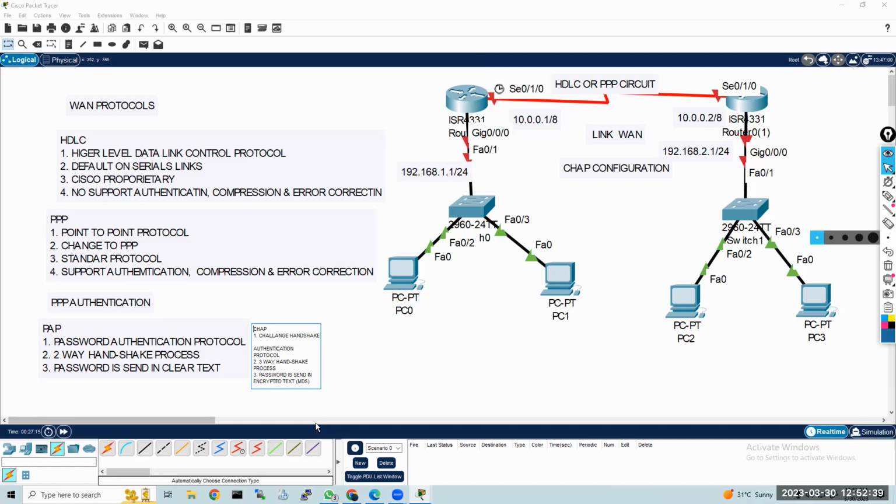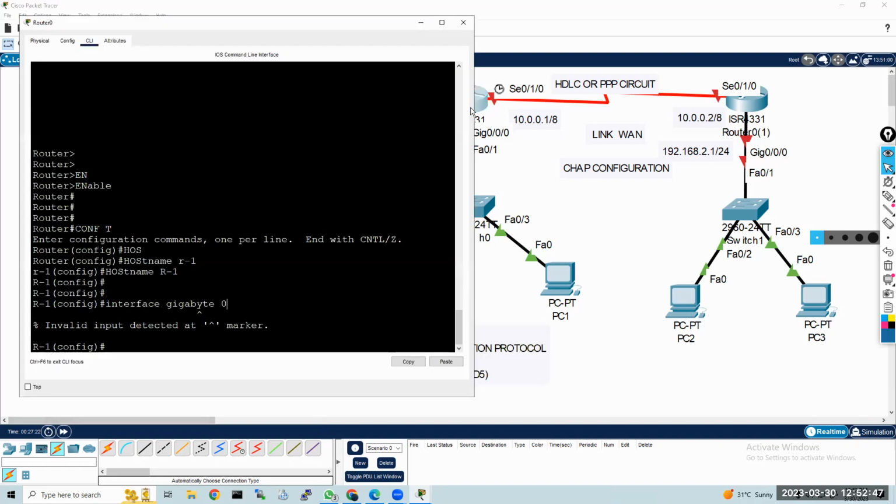Have you opened that tab? Or just tap on this one router. One second. Double tap. It has come, see. Now again you come down.